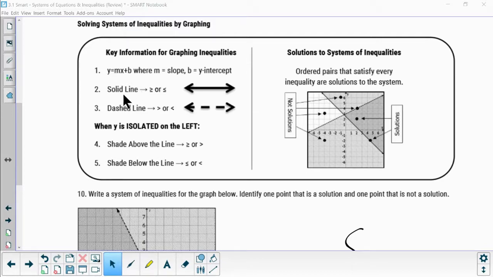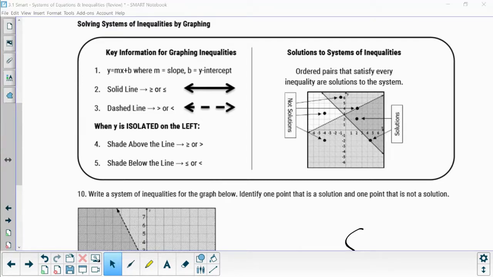First, whether we're going to have a solid line if the equal to is there, or a dashed line if it's not. I will always recommend that you have y isolated on the left-hand side, because then you can easily determine if you're shading above if it's greater or below if it's less than, because you will have to determine where the direction of the shading goes.